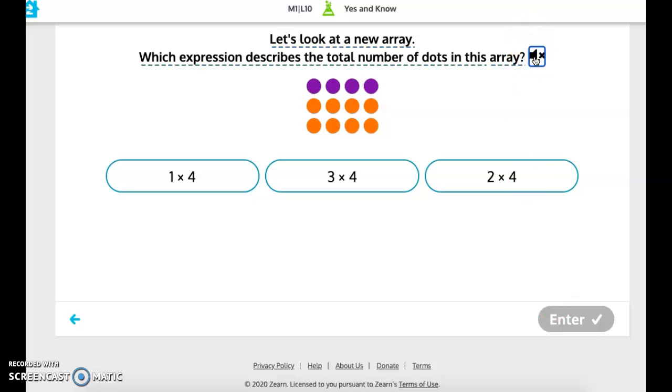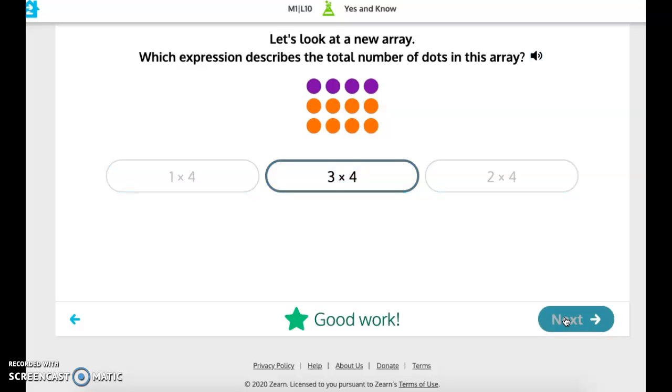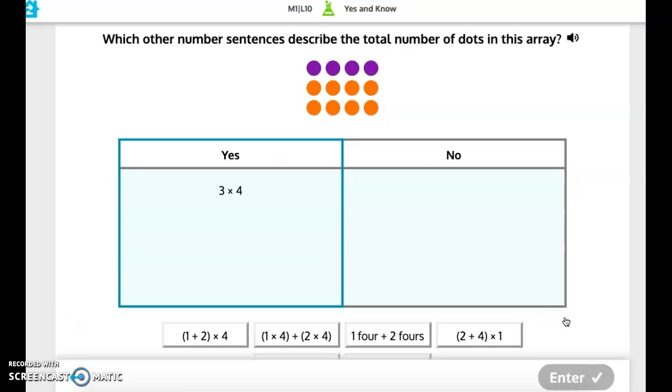Let's look at a new array. Which expression describes the total number of dots in this array? Which other number sentences describe the total number of dots in this array?